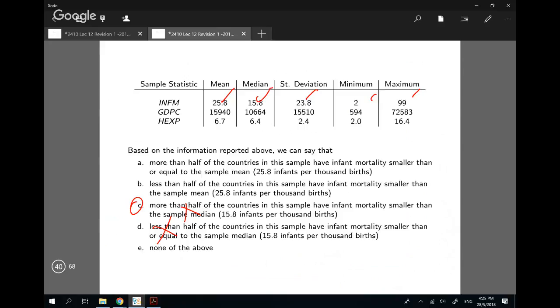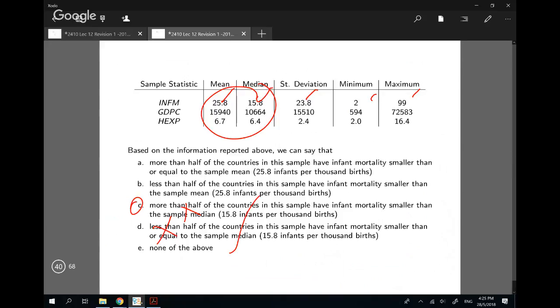So how do we know? Based on the skewness, correct. How do we know the skewness? We look at the mean and median. Here we have the mean higher than the median. Therefore, is it right or left skewed? It is positively skewed, because the mean is being pulled up.